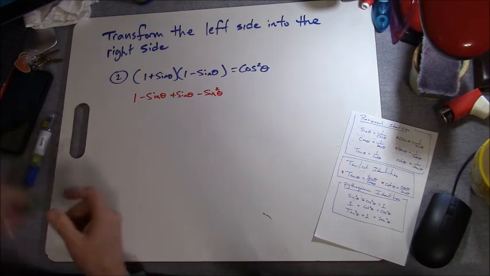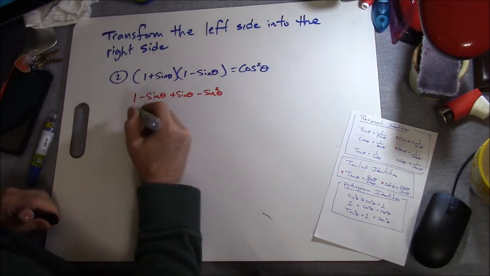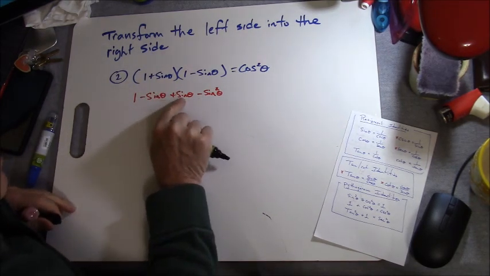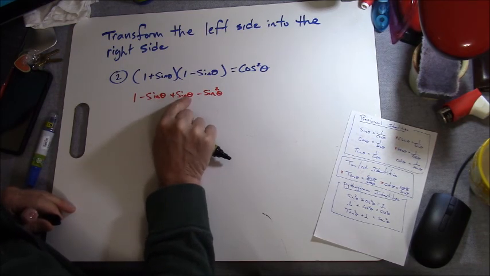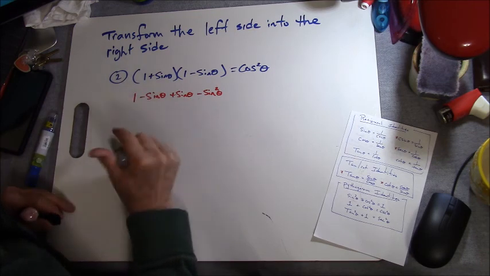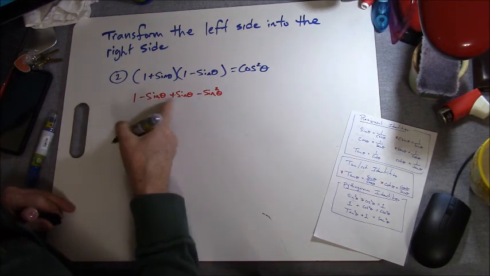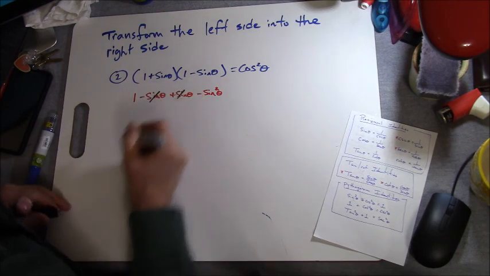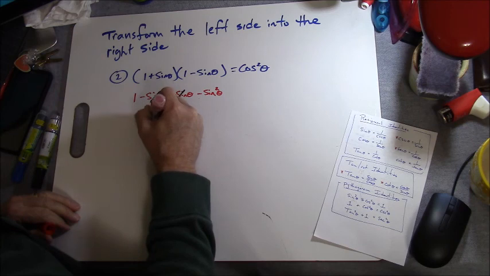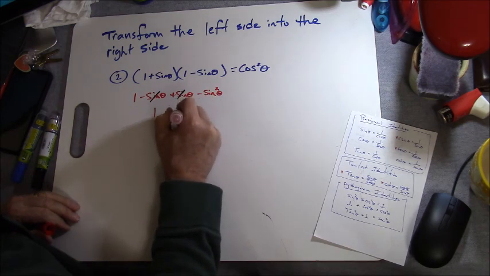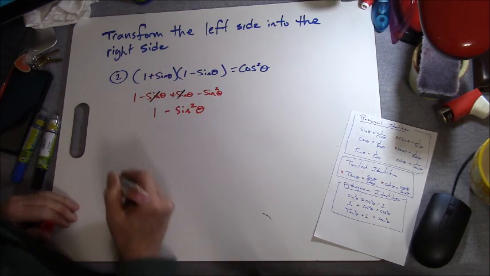All right, so when I add these like terms together, these trig functions are considered like terms because it's the same trig function, they're both sines, and they both have exactly the same angle. If I don't have the same trig function and the same angle, I can't add those together. So those are opposites, so they're going to add up to 0. And so what I get now is 1 minus sine squared theta.